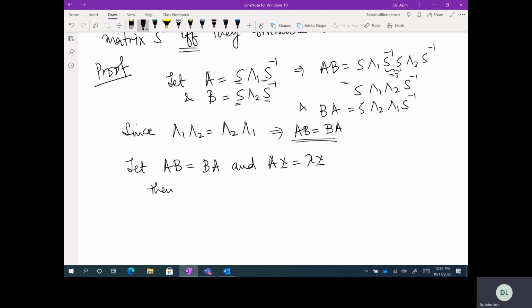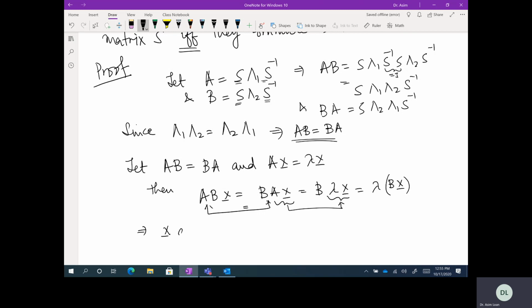Then ABx equals BAx, because they commute. This is equal to B times lambda x, because A times x is lambda x, which is equal to lambda times Bx. So x and Bx are multiples of each other. This implies Bx is a multiple of x.